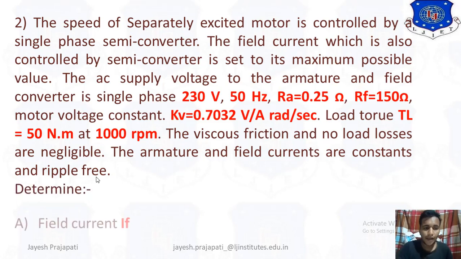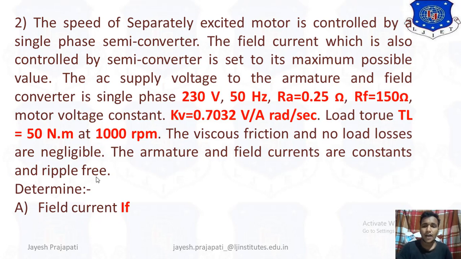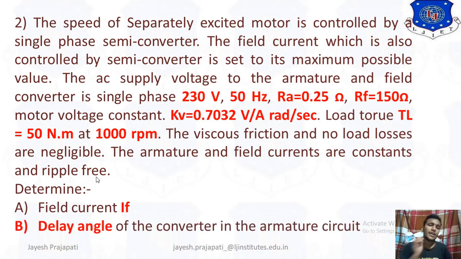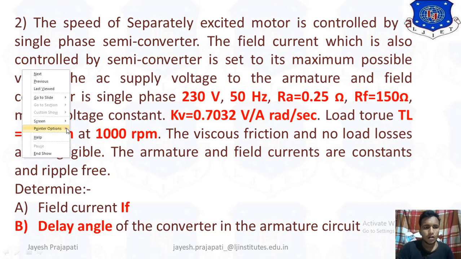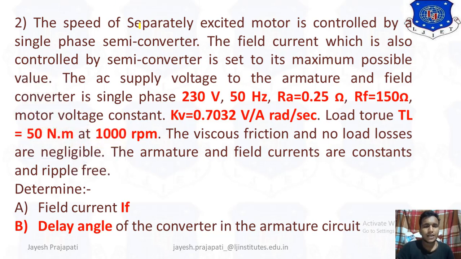You have to determine first the field current If and the delay angle of the converter in the armature circuit, that is alpha A. You have to find out the armature circuit delay angle. In this example you can see a separately excited DC motor is used, controlled by semi converters, and the field current is also controlled by a semi converter.